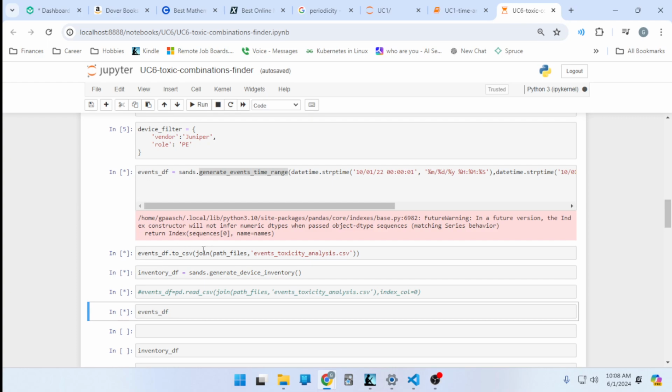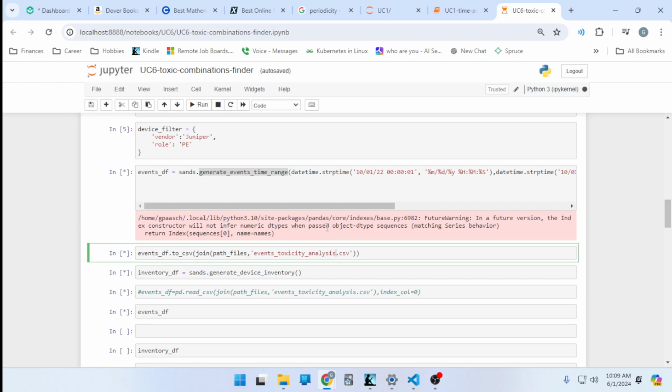You would comment out this because you don't need to save the file. You already have it. And then you get your data frame just by reading an existing file rather than generating one and then reading the one you generated.